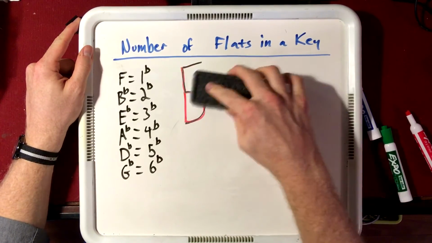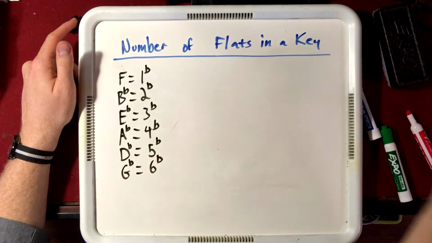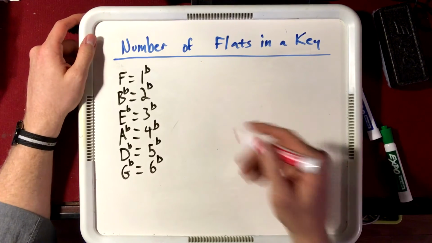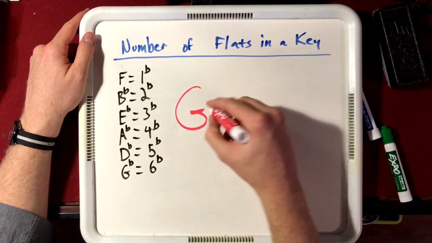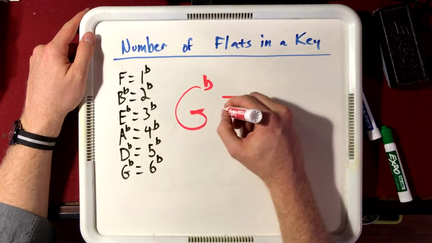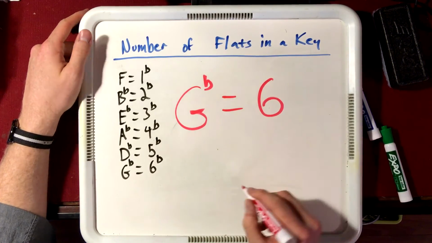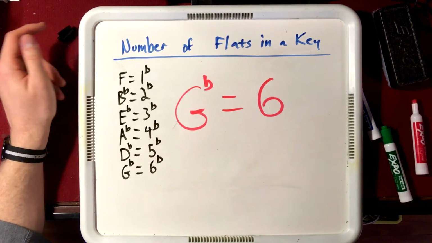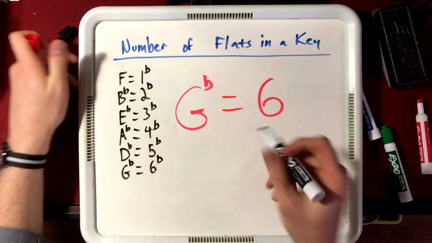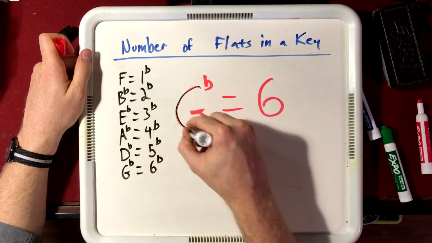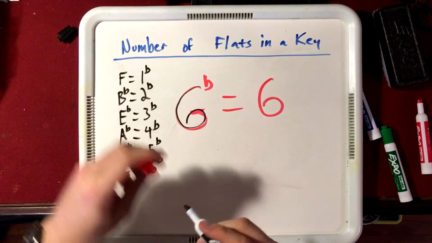It is kind of a stretch on the 5 flats, but it kind of works too. Finally, our last one, G flat gets 6 flats. Now this is just super easy to see that G looks like a 6. So there you have it.